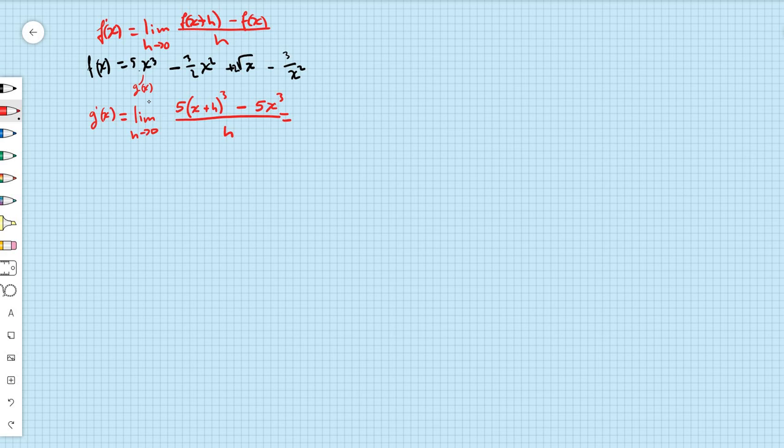So that would be equal to, don't forget to rewrite the limit, of x plus h cubed. What would that be? If you have a plus b, everything cubed, it's equal to a cubed plus 3a squared b plus 3a b squared plus b cubed.